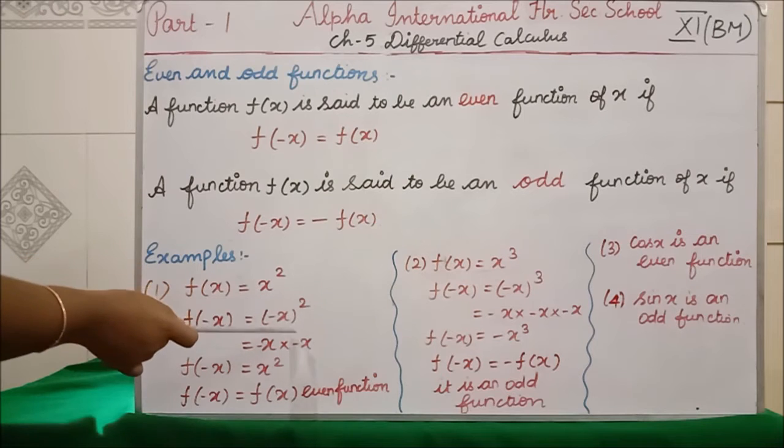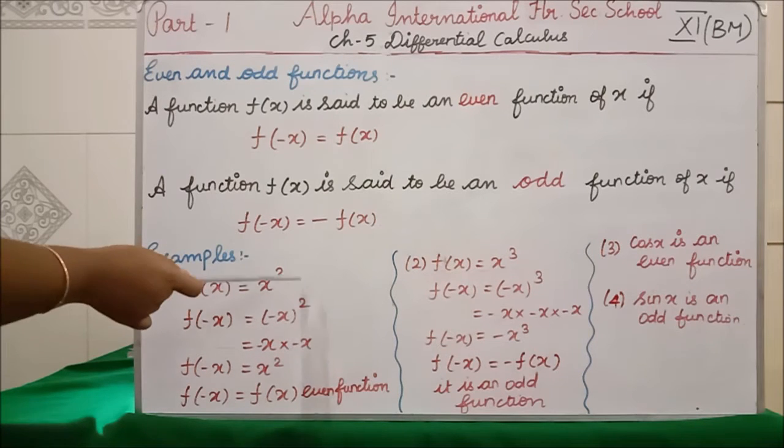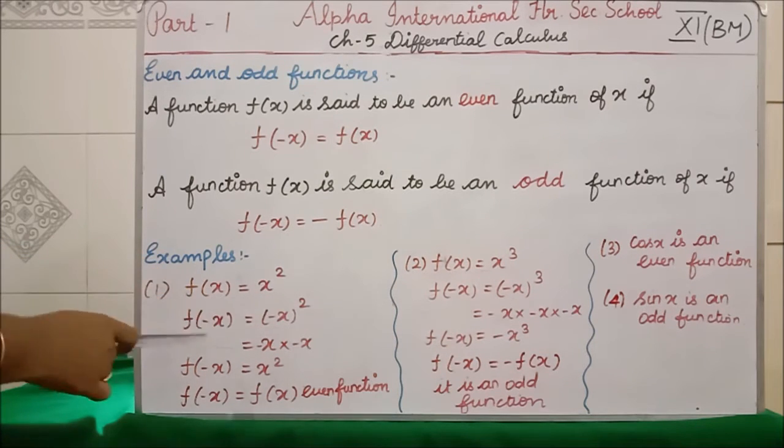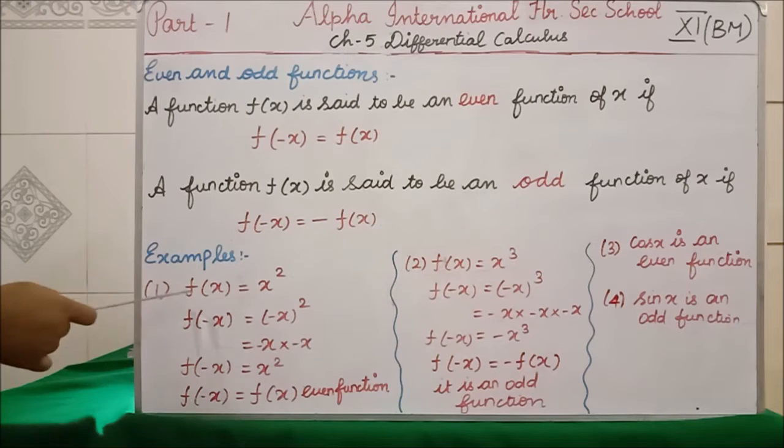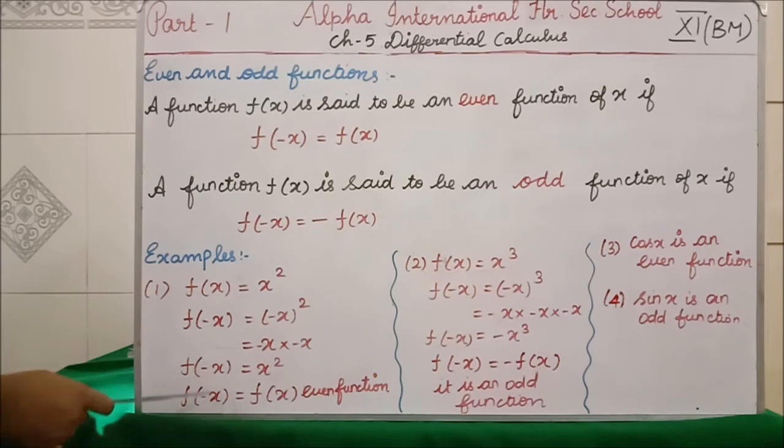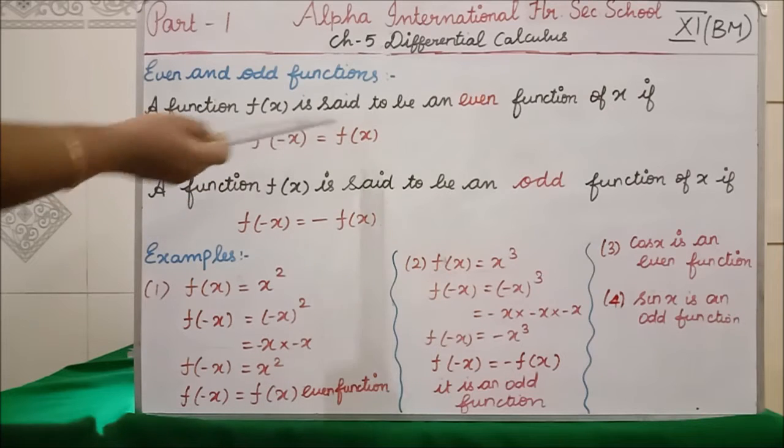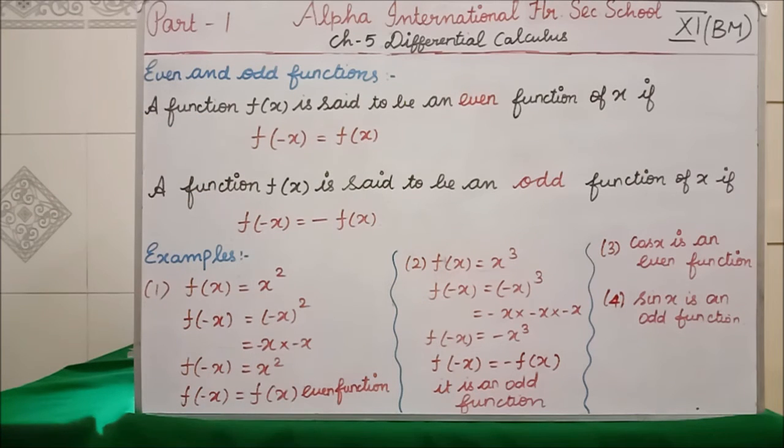Instead of this x, I am writing minus x. Since I have the square, minus x into minus x, minus minus plus, I am getting x square. Now x square is f of x. So f of minus x is equal to f of x, which means it is an even function. Clear? Next we will see the odd function.